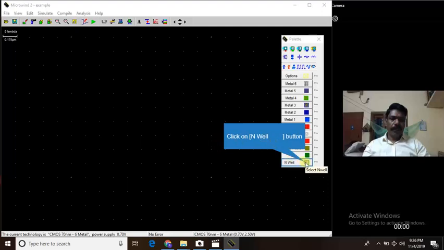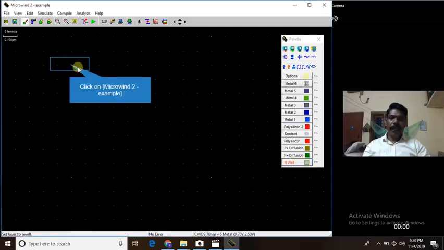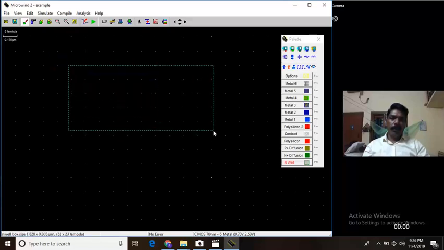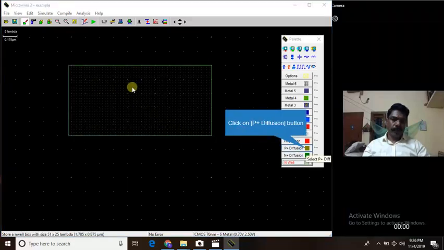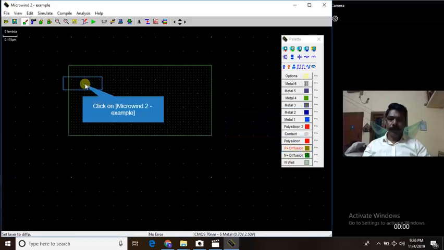Okay, first let us try to draw a PMOS transistor, which will be sitting in N well. So let me draw an N well region like this. Within the N well, we have to make a P plus diffusion area. So P plus diffusion, let me draw like this here.